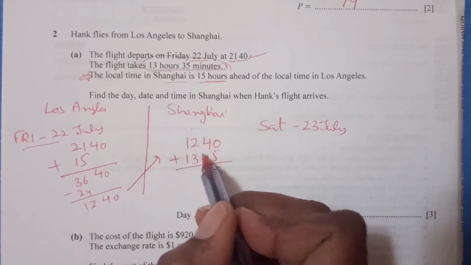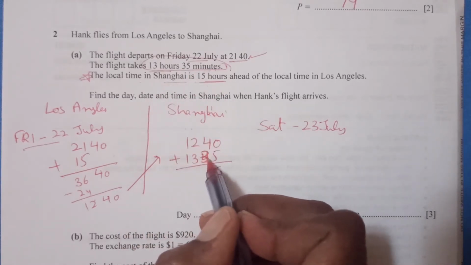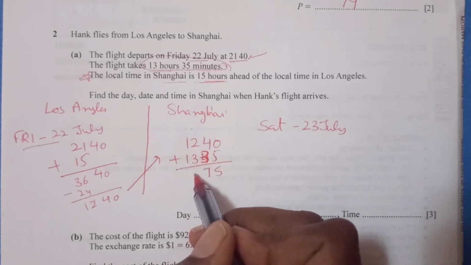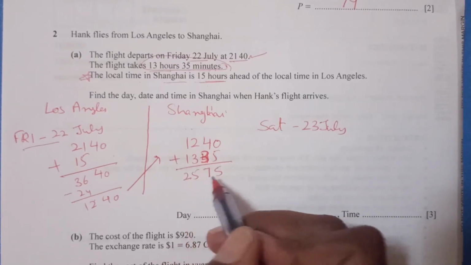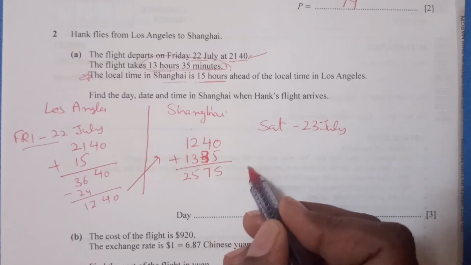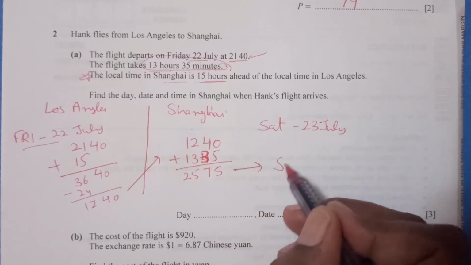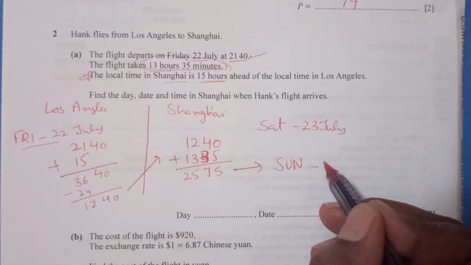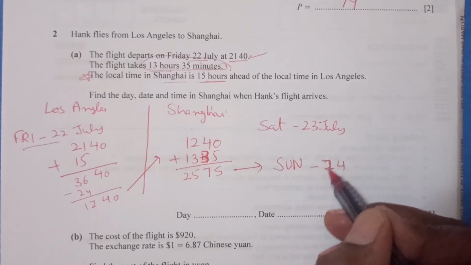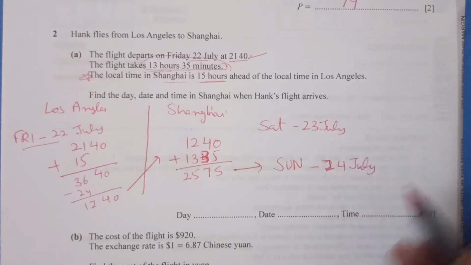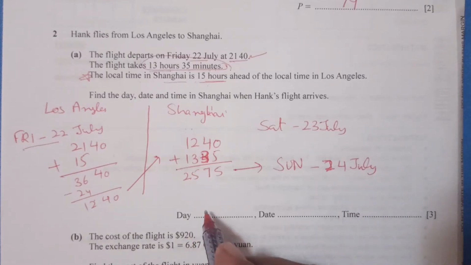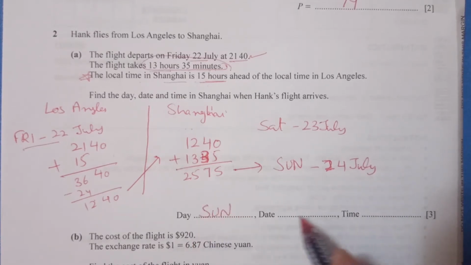So 7, and this is 5 to 25. Again this is now more than 24 hours. So that means the day is now Sunday and 24th July, right? So the day is Sunday, the date is 24th July.